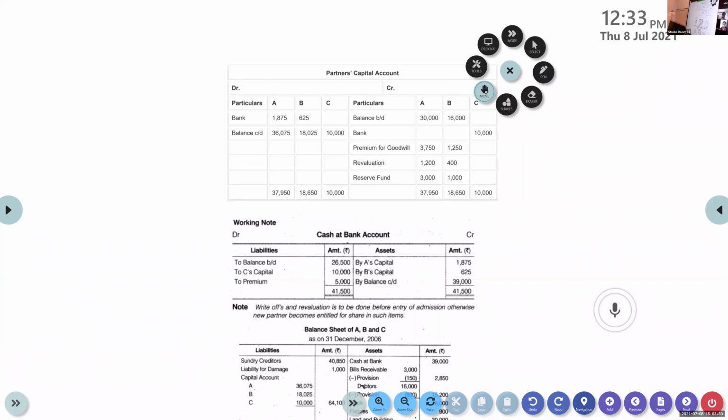That's all. So the bank on the debit side is the withdrawal made. Withdrawal of goodwill.